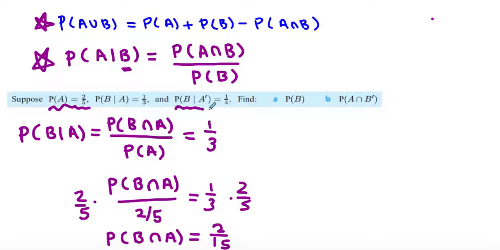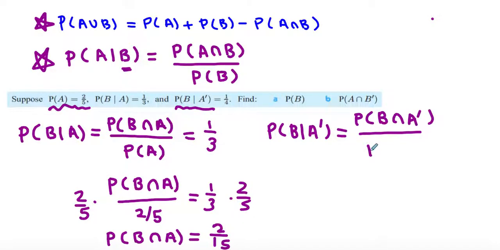Apply the same logic for probability of B given A not. Probability of B given A not is equal to probability of B and A not over probability of A not, which is equal to 1 out of 4. Given the probability of A is 2 out of 5, we know that probability of not A has to be 3 out of 5.